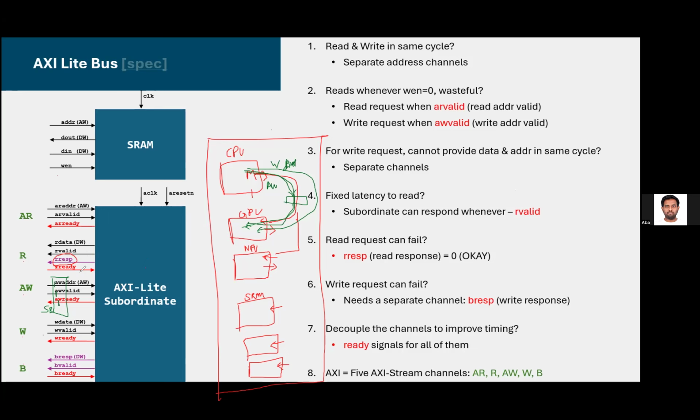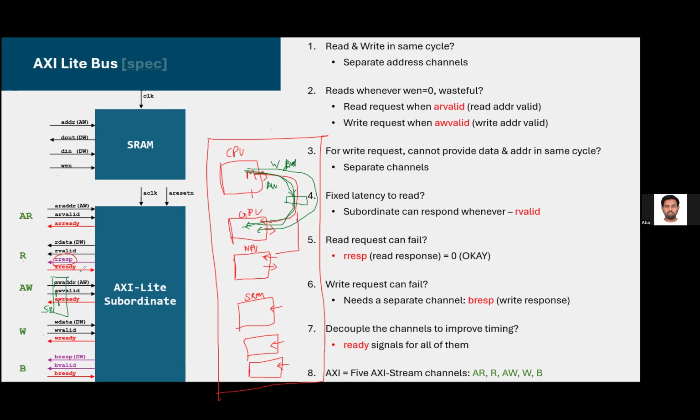Okay, so let's move on to full AXI. This is the AXI Lite. AXI Lite is a low performance bus in the sense that it is usually used for configuration, where you write one value, one register at a time. Yes, we will share the slides as well.